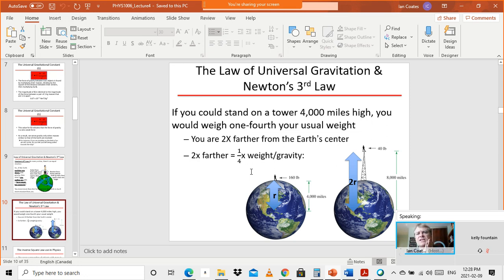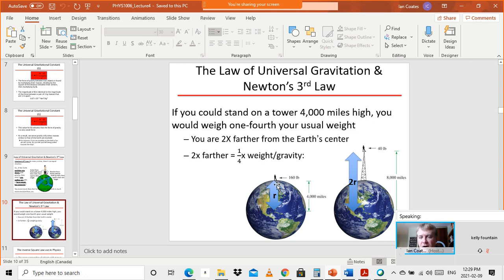And I found this here. If you could stand on a tower 4,000 miles away, you would weigh one quarter your usual weight. Let's say I'm 160 pounds, I wish, on the surface of the Earth.